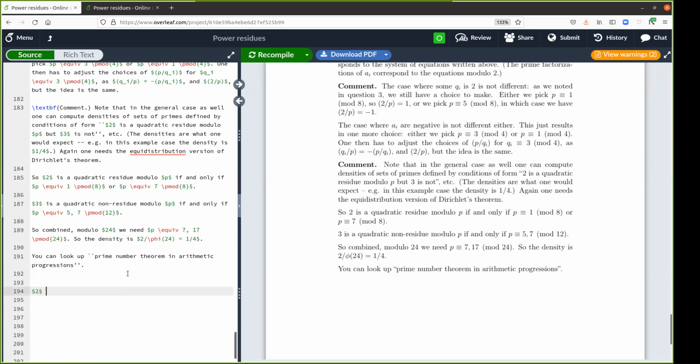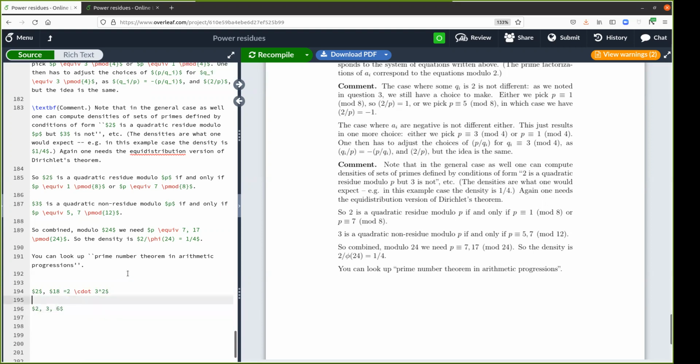For example, if you have 2 and say 18, which is 2 times 3 squared, then of course the conditions are not independent. Or another case, 2, 3, 6. So you have to be a bit careful about what you actually mean by independence. But in some sense, these are obvious cases.